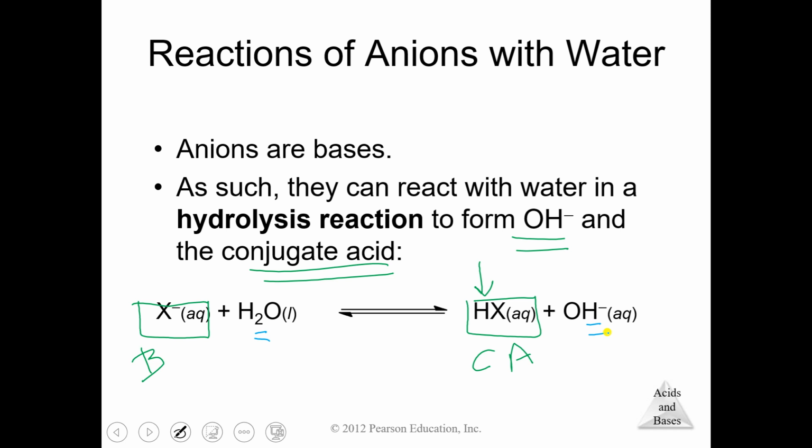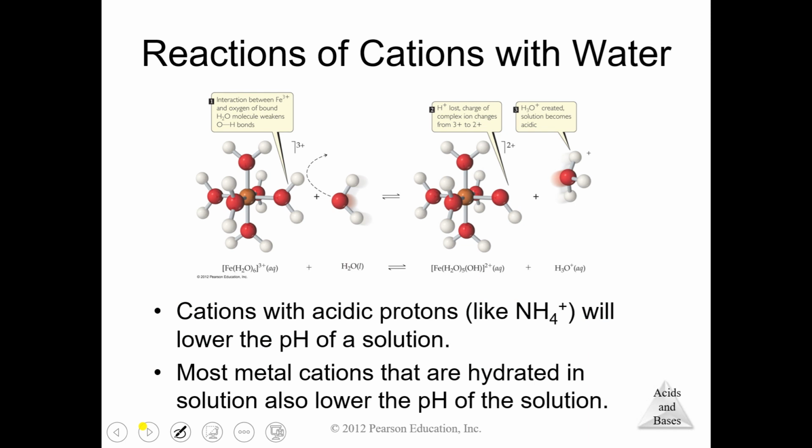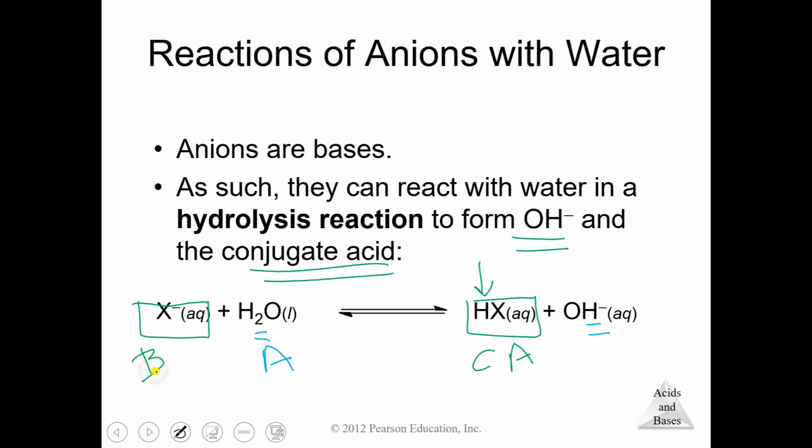That means somewhere along the line, it donated a hydrogen. If it donates a hydrogen, it is behaving as an acid, and the hydroxide anion in the reverse reaction will behave as a conjugate base, because in the reverse reaction, this now can pick up a hydrogen going back and becoming this.